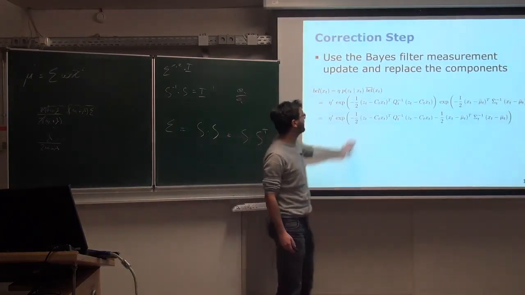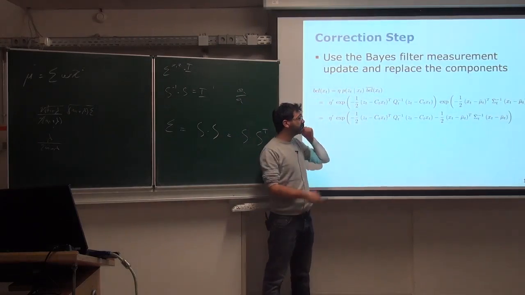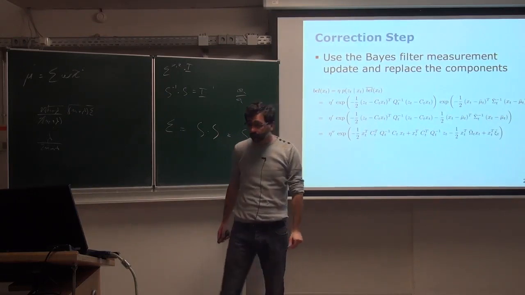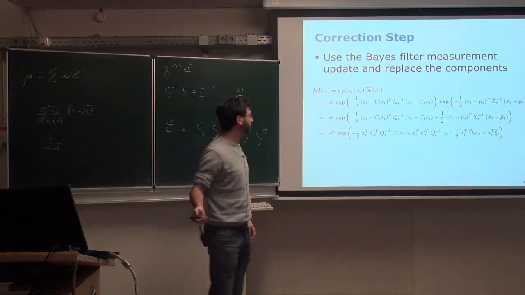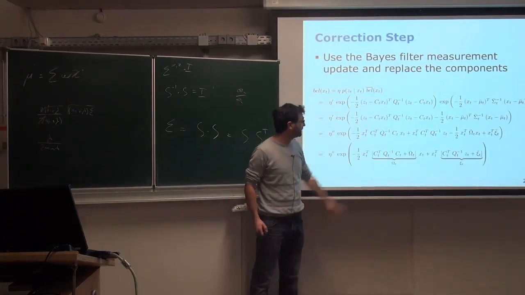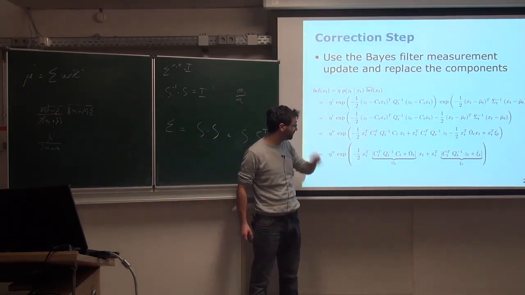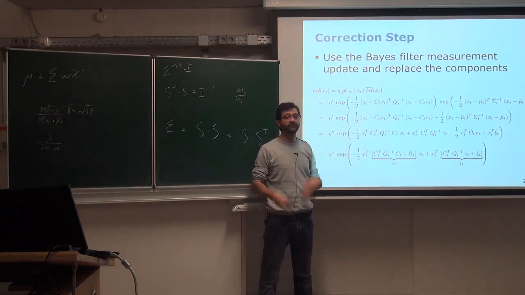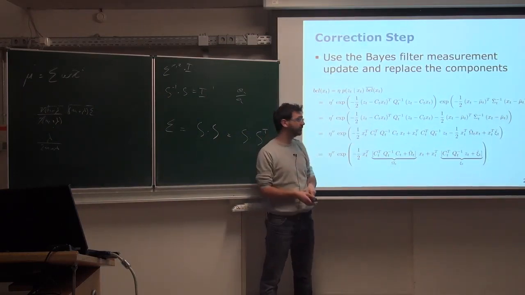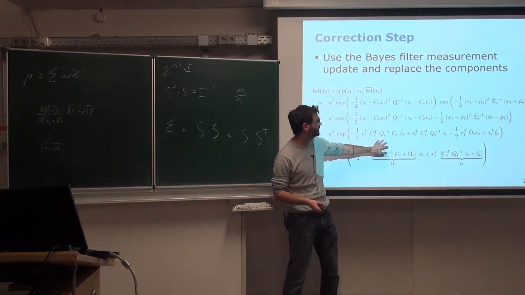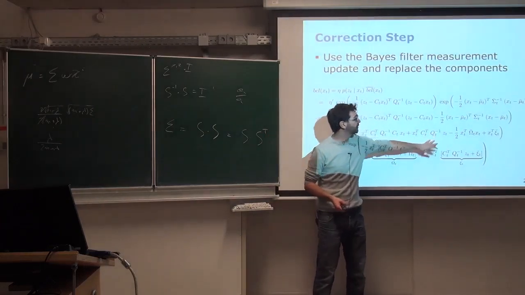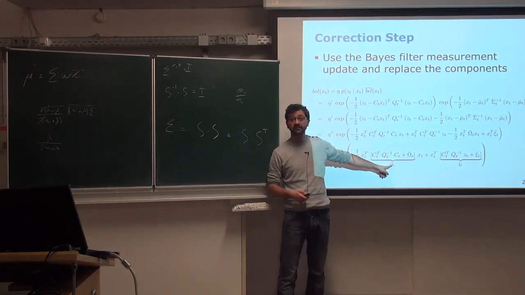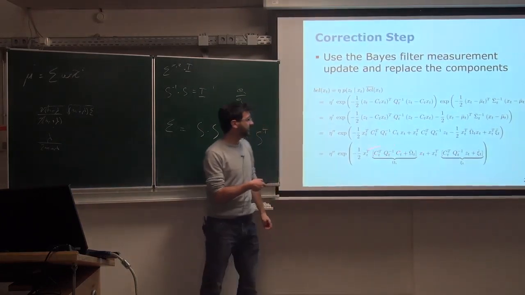If we keep on expanding and putting everything together, we can then collect a few terms. I'm just skipping a few steps, but just believe me. You can open up and collect terms that correspond to the same variable. So you collect the quadratic terms all together here, the linear terms all together here, and we will have the new information vector, which has this particular form.